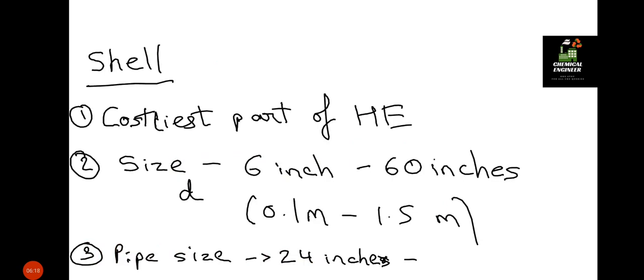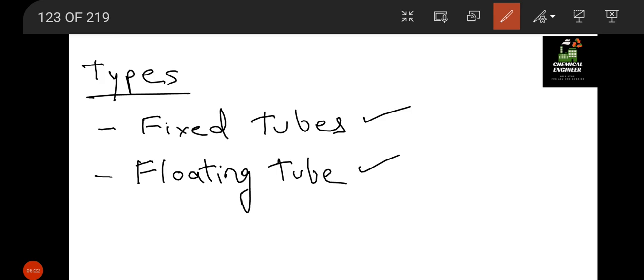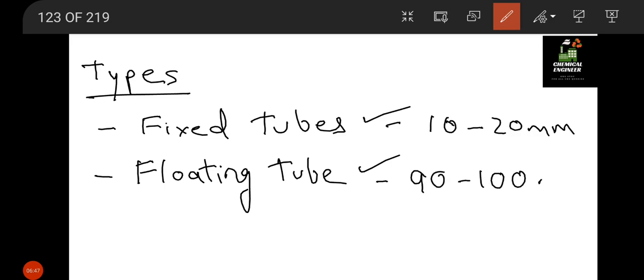So let us see it in the technical way. Why did I discuss the fixed tube and floating tube? Because the standard gap is 10 to 20 mm. This much gap is required at minimum for the fixed tube, and for the floating tube a 90 to 100 mm gap is required.